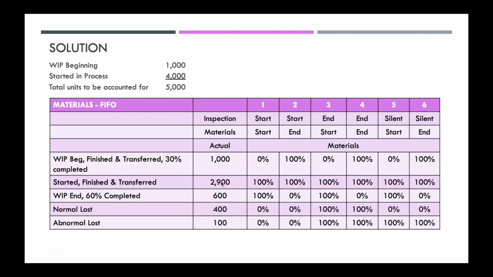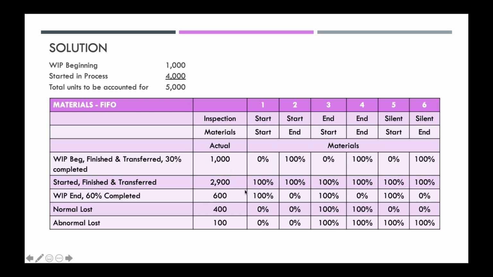Okay, so we have here the actual number of units. Work in process beginning, 1,000 units.